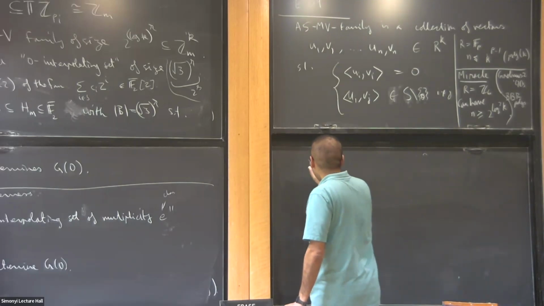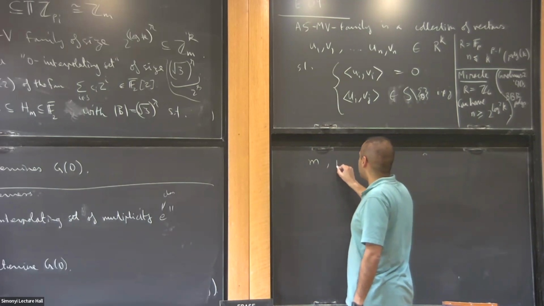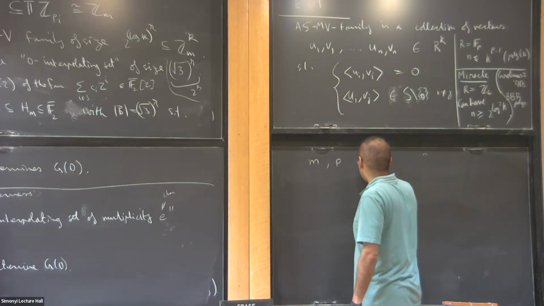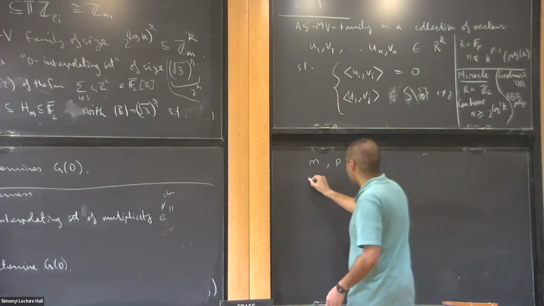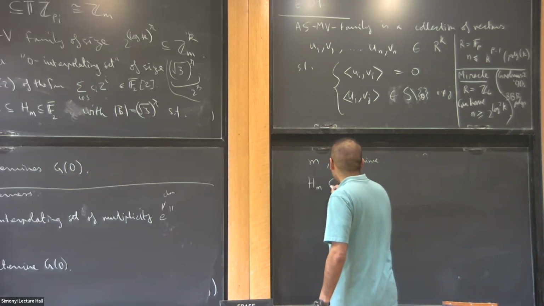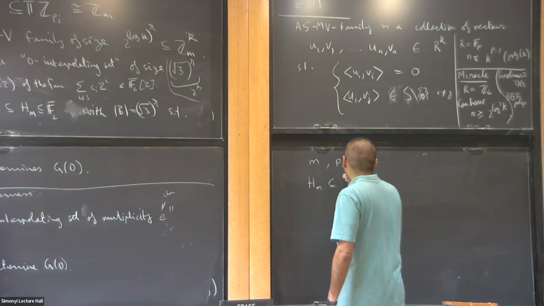Okay, so good. We'll have an integer M, and we'll have an integer P, which is prime. And we will take HM sitting inside FP closure.